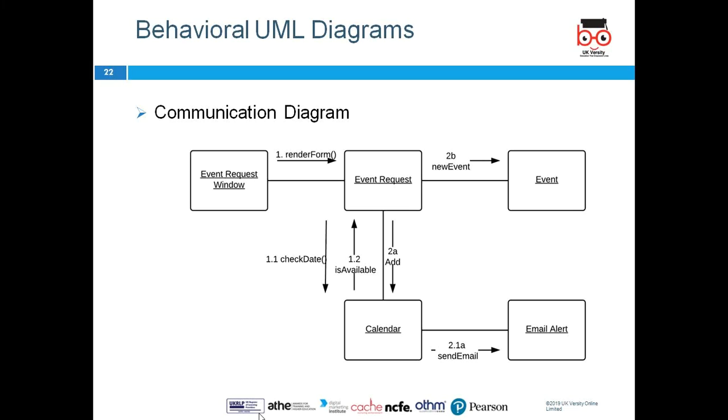I believe the next LO is getting the UML diagrams. They haven't asked us to create all of the diagrams, but they have asked to produce the class diagrams. But obviously you have to master everything, isn't it?